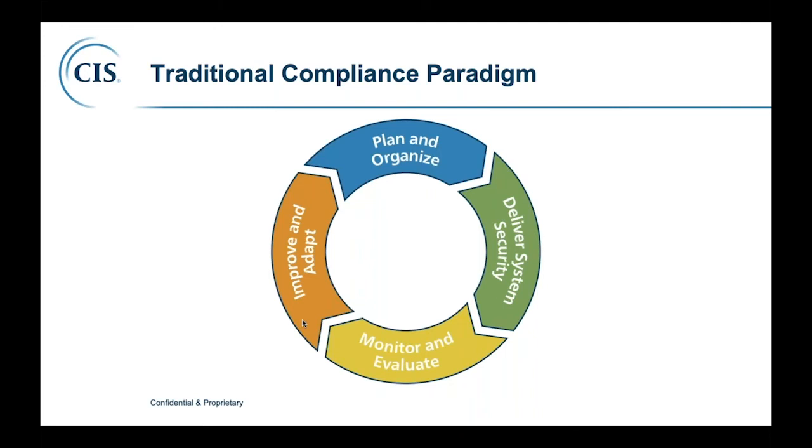In ISO 27000, for example, they describe the loop as a plan, do, check, act sequence. And here I've just labeled it as plan and organize, deliver your system security, monitor and evaluate, and improve and adapt. But basically all the frameworks you see out there essentially say the same thing.